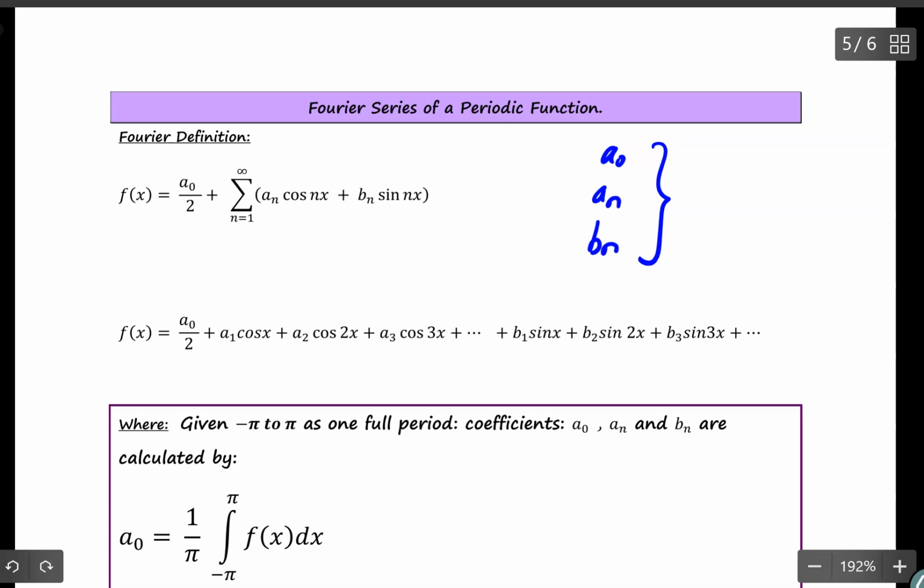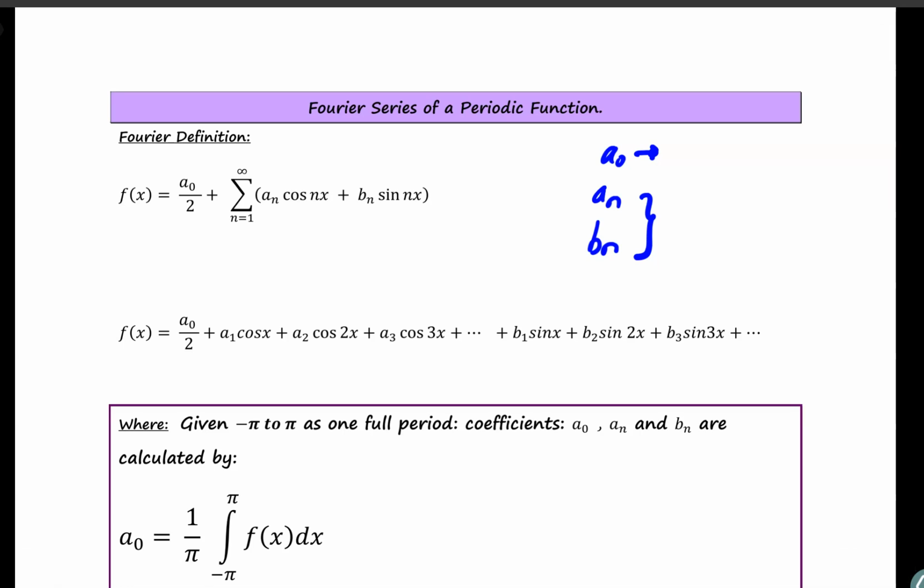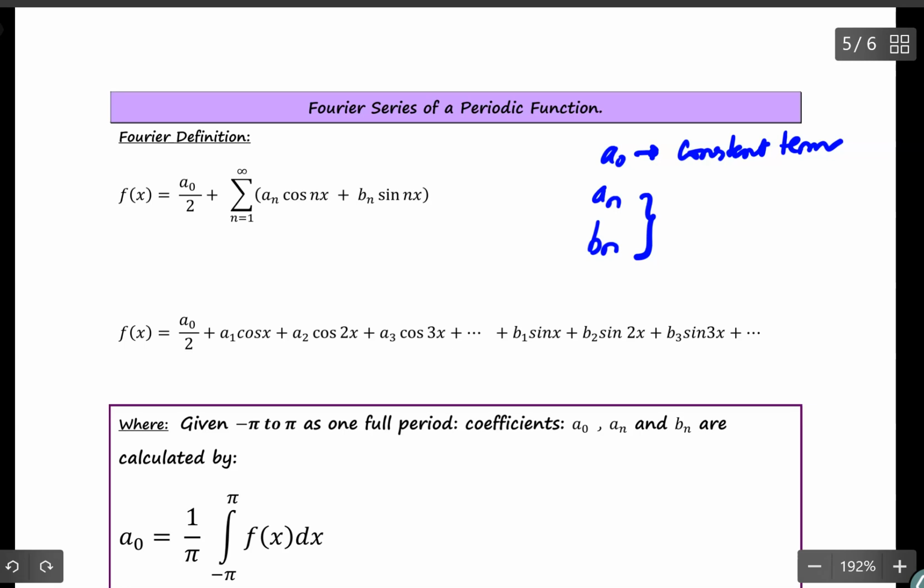These are the important factors of Fourier series. I would say a naught is the constant term, because it's just by itself. It does not attach itself to any function. Like in this case, you see a_n attached to cos of nx and b_n attached to sine of nx. So a_n becomes the coefficient and b_n becomes the coefficient.